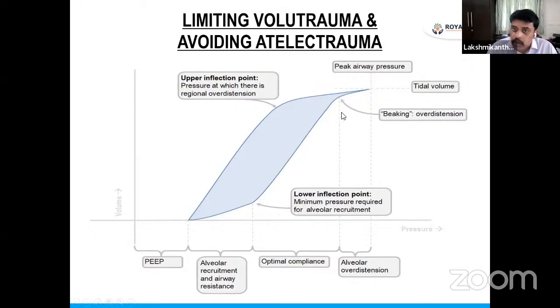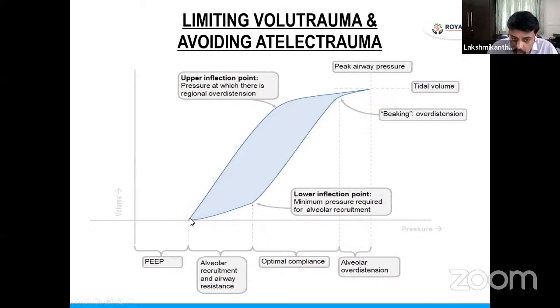That happens again with the lung also. It reaches a certain point where it again starts plateauing. It means that if you further increase the pressure in the lung, it can cause over distension and barotrauma. So this part, the inspiratory part of your pressure volume curve, is very, very important.